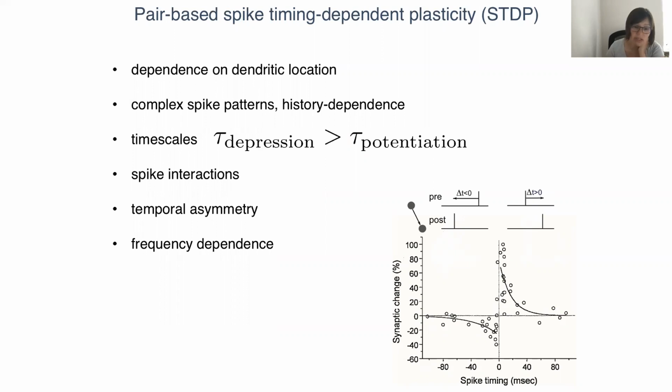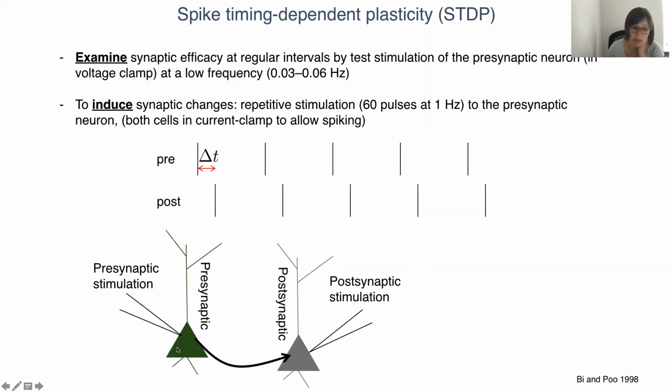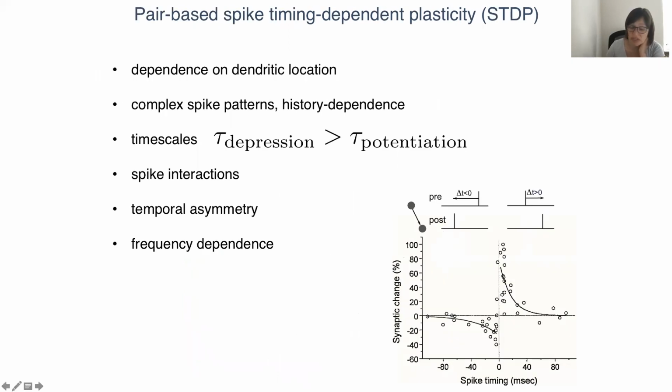I showed you this slide here that classically people inject spikes in the soma, but if instead you inject spikes in the dendritic tree, how far you do that from the soma, whether you do it in the apical or the basal dendrite, can really have an effect on what you observe. There's a nice experiment from Froemke and Yang Dan, in Nature, 2006 maybe, where they investigated exactly this phenomenon.